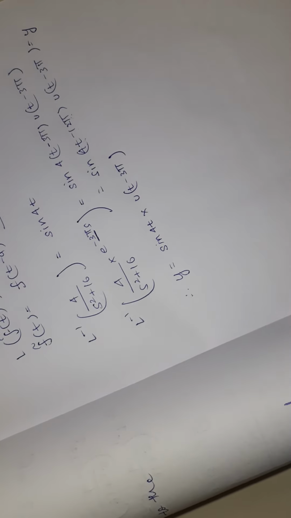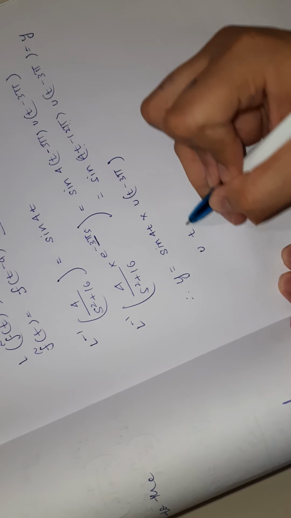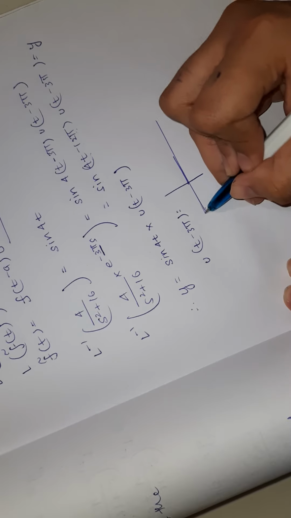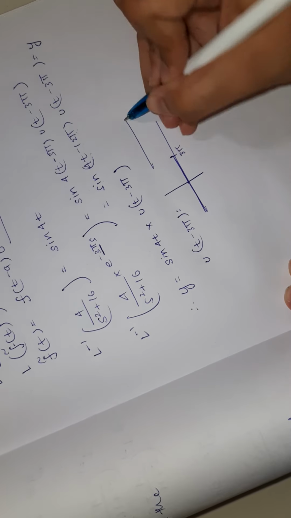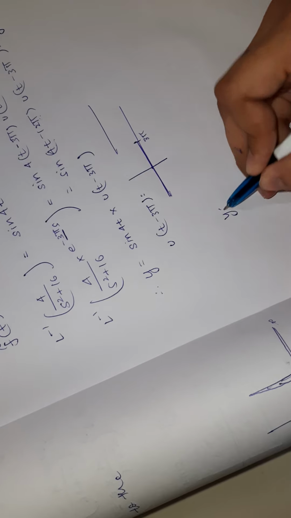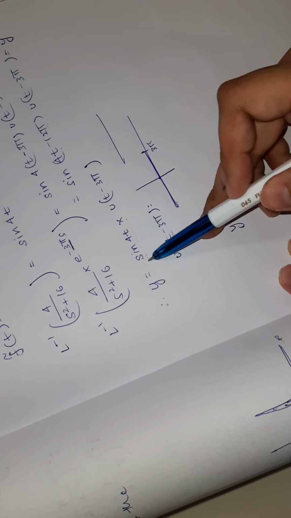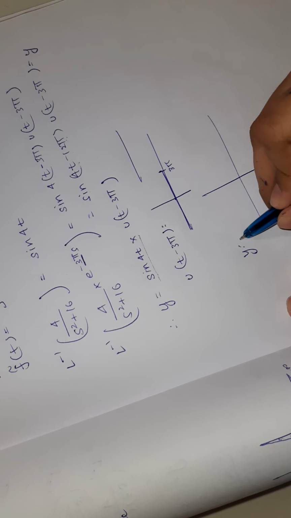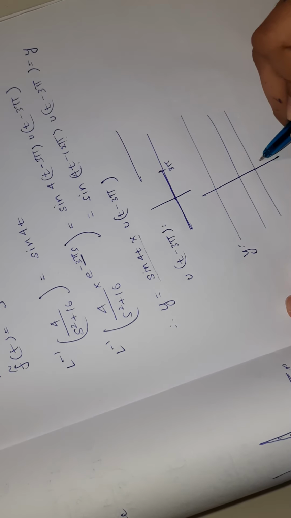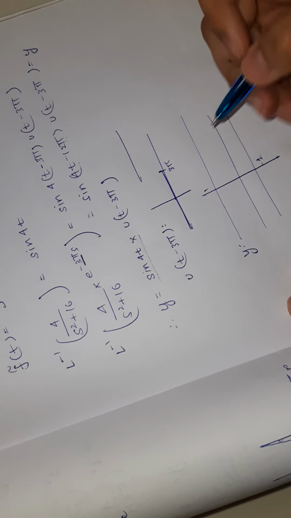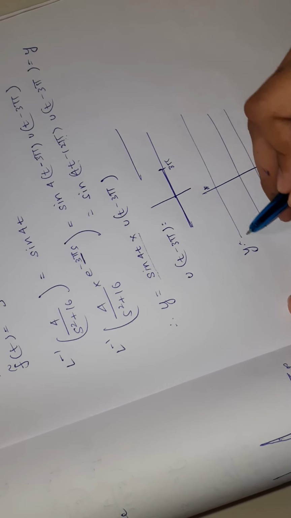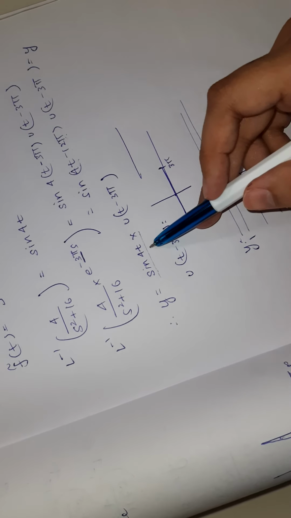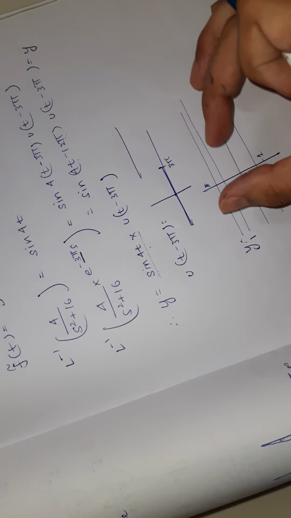So now the graph for u of t minus 3 pi is 0 before 3 pi and 1 after 3 pi. So the graph for y, and that's the standard graph for sine 4t. Now the first thing is that it will vary between minus 1 and 1. This is minus 1, this is 1. Let me make that a little closer. And since this is sine 4t, width wise the period will decrease by 4.